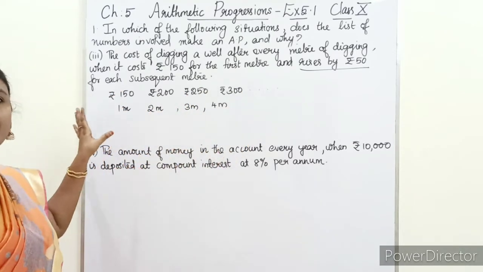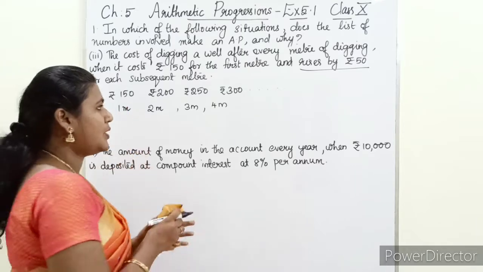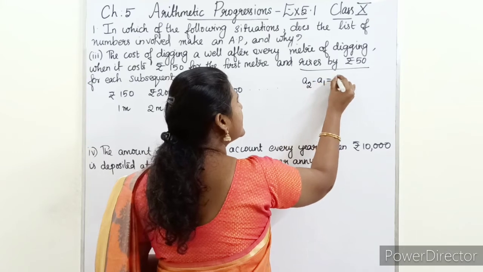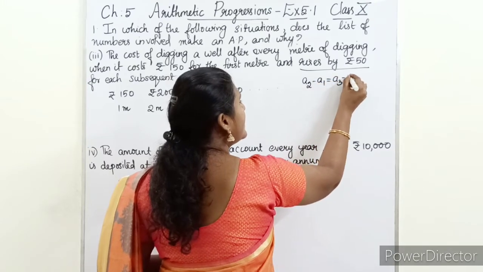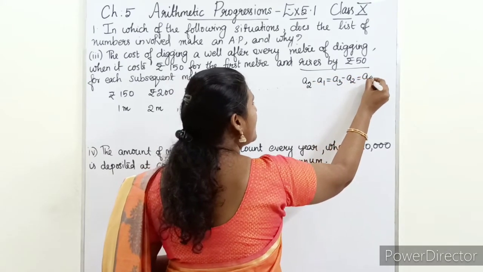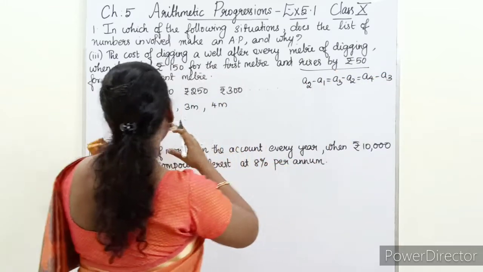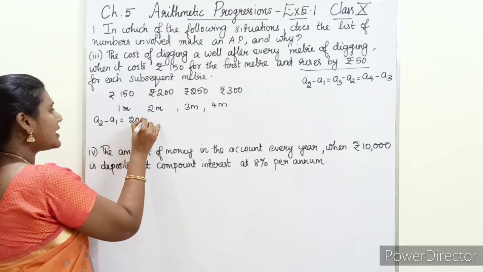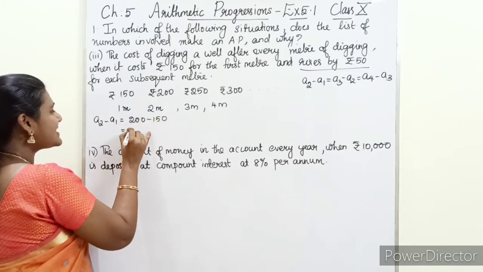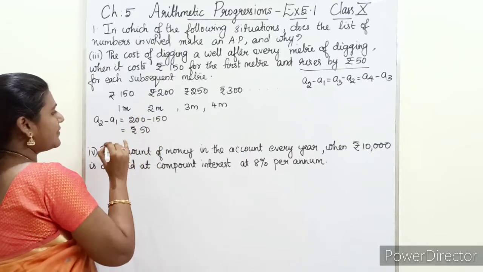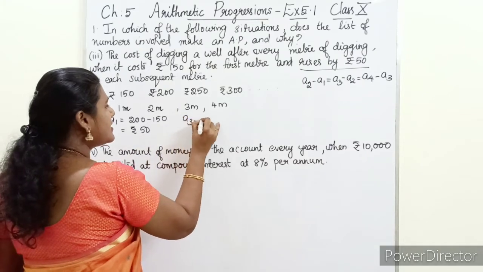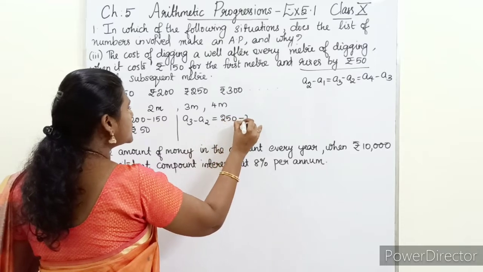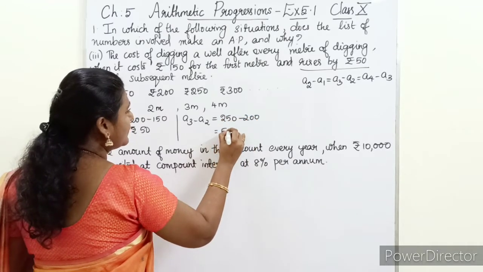Now we have to check whether these numbers form an AP or not. So I already told you we have to check the condition: A2 minus A1 equal to A3 minus A2 is equal to A4 minus A3. So here we will check what is A2 minus A1. A2 is 200 minus 150, which is equal to rupees 50. Okay, 50. And similarly A3 minus A2 is 250 minus 200, that is equal to 50.